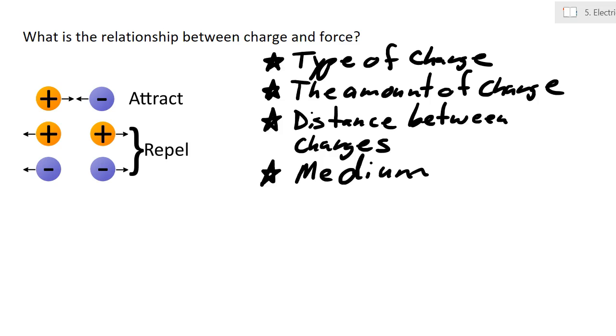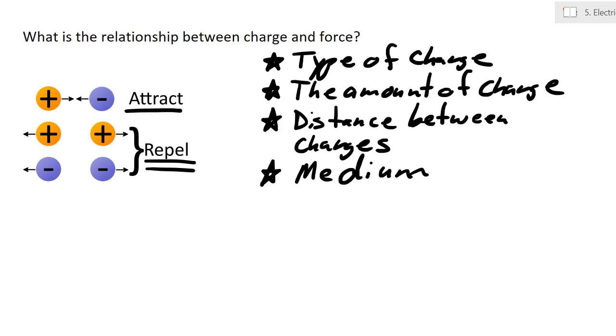So the type of charge refers to whether or not the charge is positive or negative. If you have a positive and a negative charge, the force between them will be attractive. They'll want to pull toward each other. If you have 2 like charges, 2 positive charges or 2 negative charges, the force between them will want to repel.